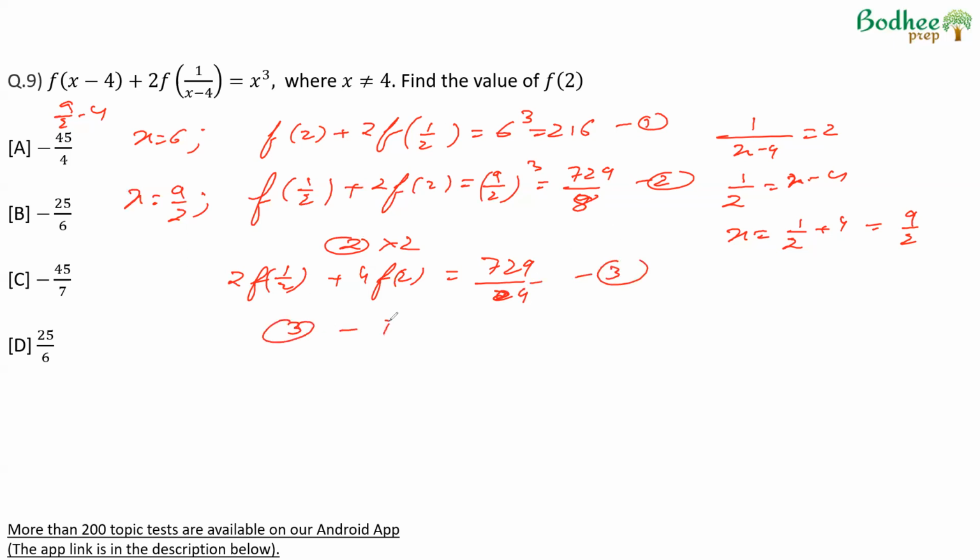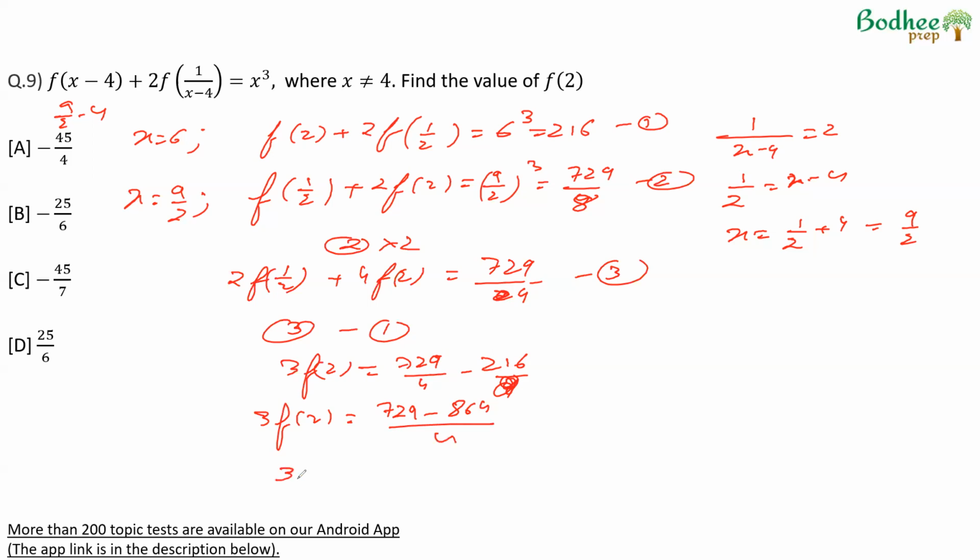From equation 3, we subtract equation 1. 4f2 minus f2 is 3f2. 2 1 by f2 minus 2 1 by f2 is 0. 729 by 4 minus 216 by 4. Minus 216, sorry. So 3f2 will be 729 minus 864 upon 4.